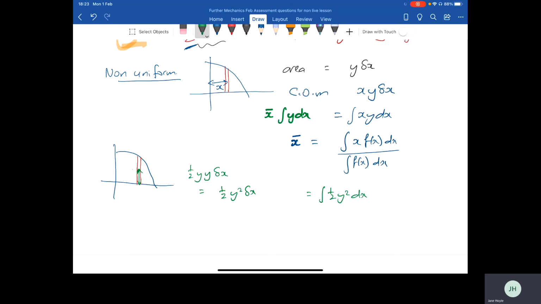And on the left-hand side, that is going to be y bar multiplied by the complete area. I'm crashing a little bit, aren't I, with this previous line? So that would make y bar equal to a half the integral. Instead of y squared, let's write f of x all squared dx over the integral of f of x dx.